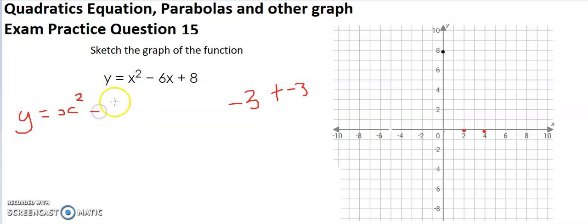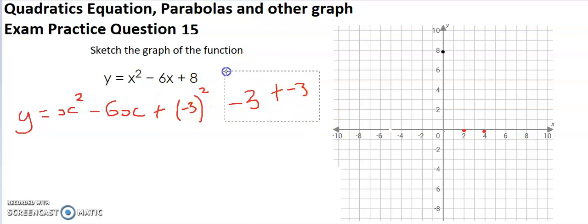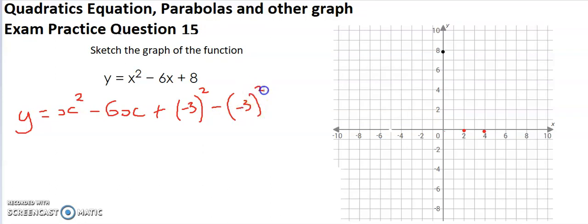To do that, I am adding (-3) squared and I am minusing (-3) squared. If I do that, I am simply cancelling everything out.